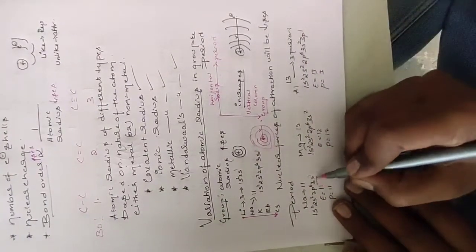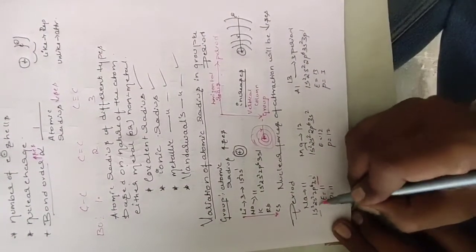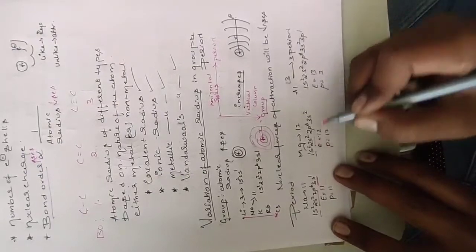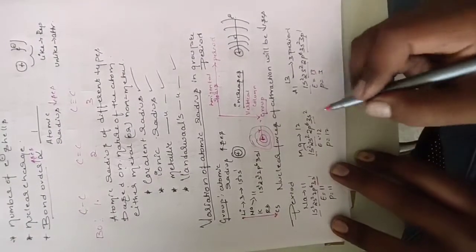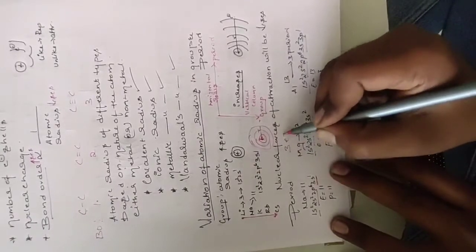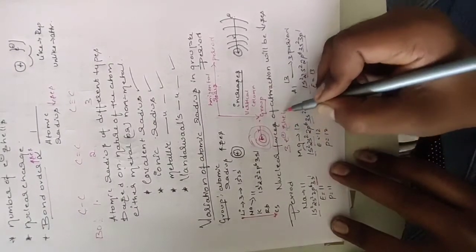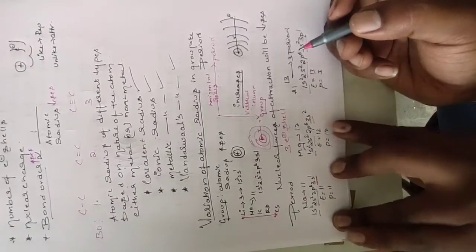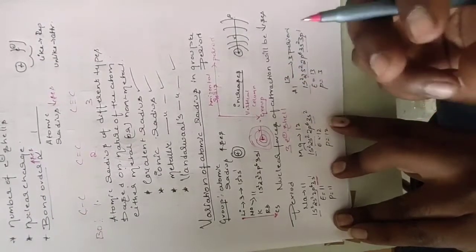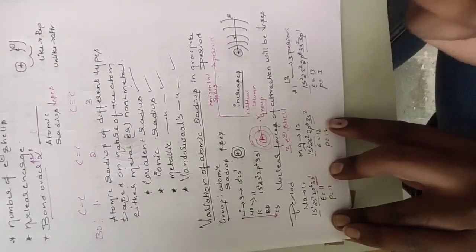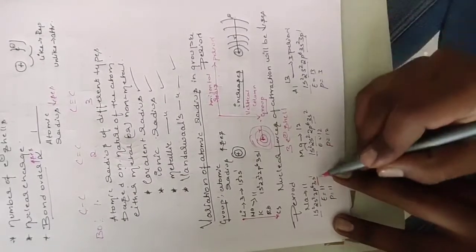The third electron shell: this is first, second, third. In the third electron shell, the nuclear charge increases because it is all in the third orbital only.